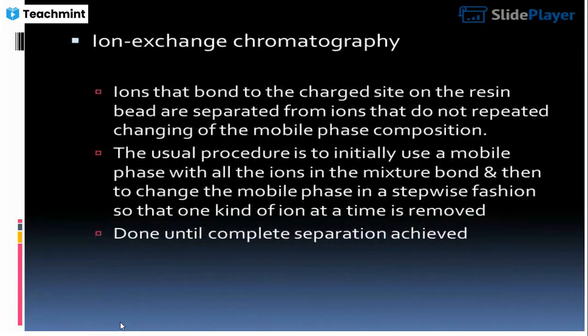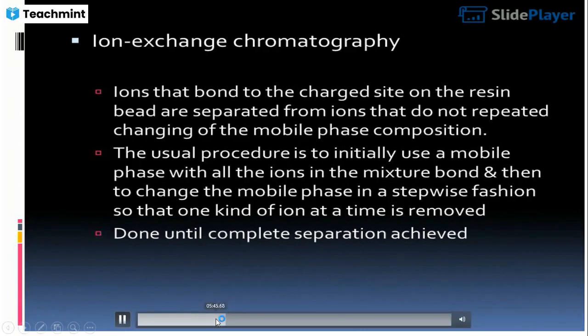Ions that bond to the charged site on the resin bead are separated from ions that do not, by repeated changing of the mobile phase composition. The usual procedure is to initially use a mobile phase with all the ions in the mixture bonded, and then to change the mobile phase in a stepwise fashion.